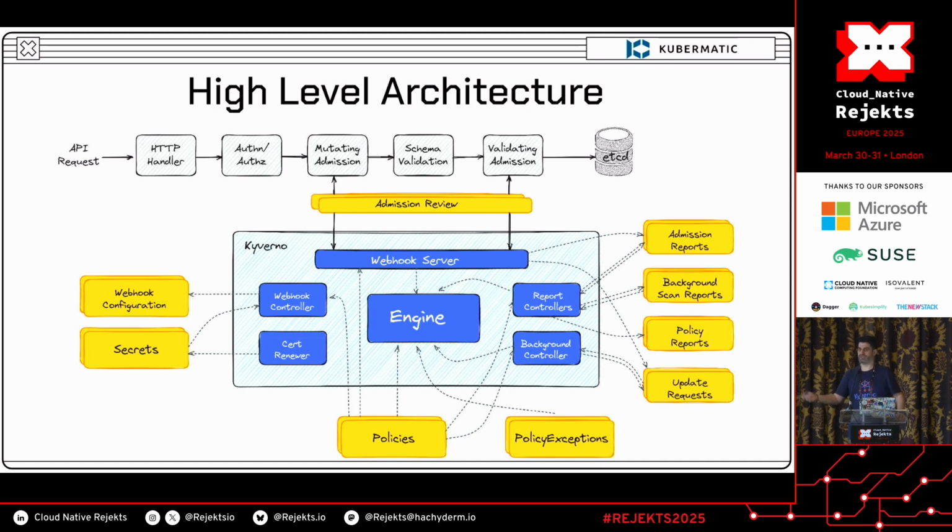After the Kyverno magic, things are committed to etcd, and then the Kubernetes magic runs. The deployments are created, the controller managers take care of the whole stuff, Kubernetes runs the container, etc.